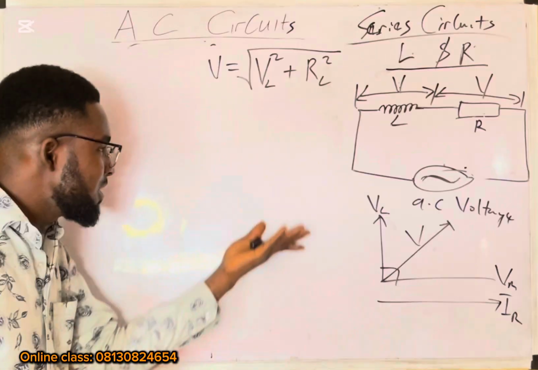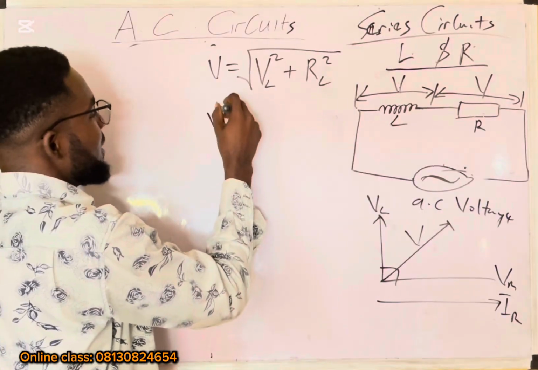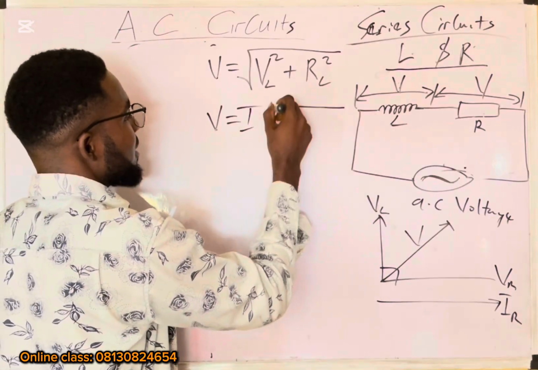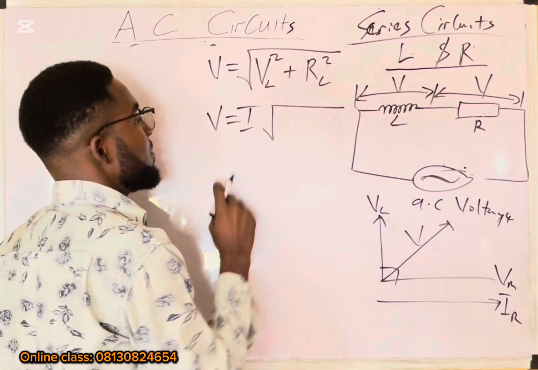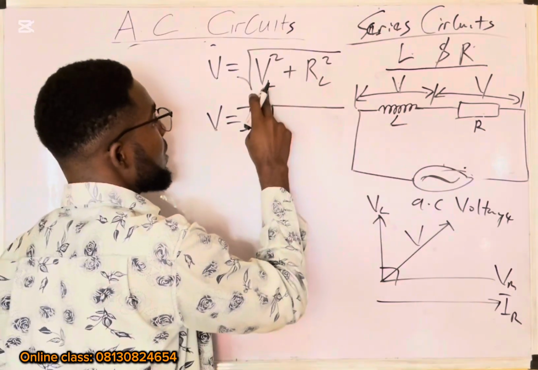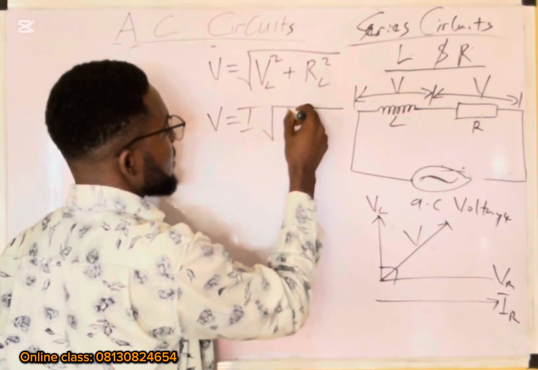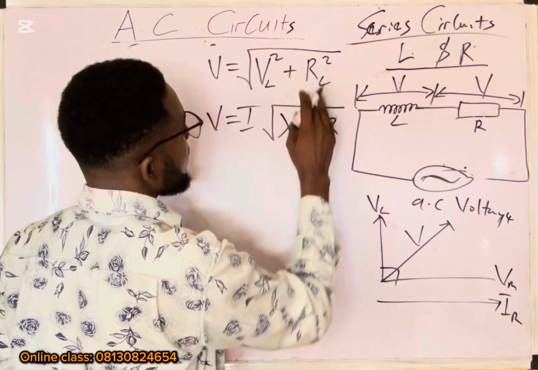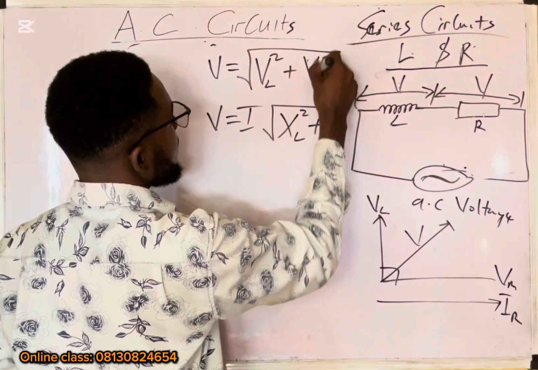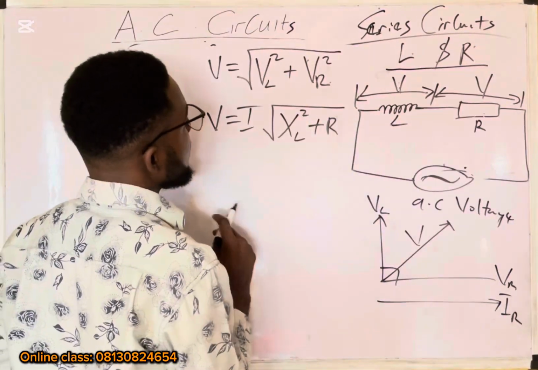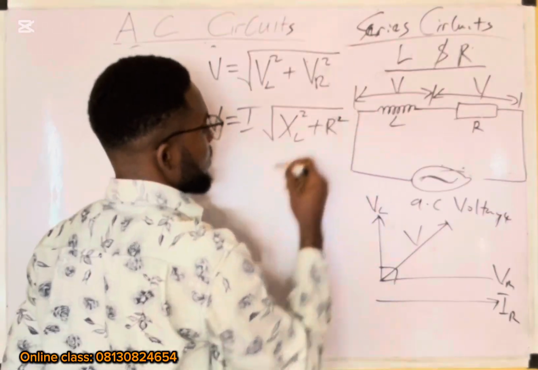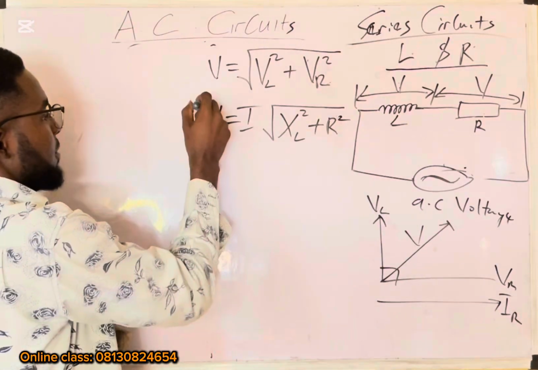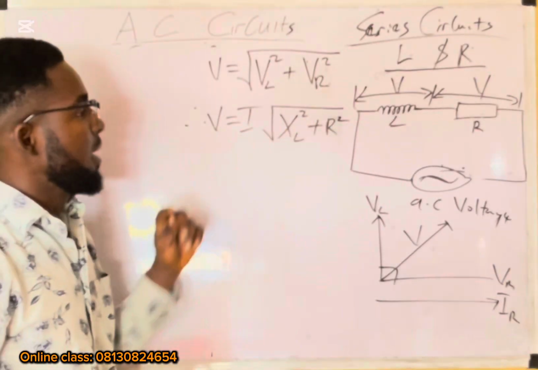If we do this, using Ohm's law, we have V equals I times the square root of X subscript L squared plus R squared. So we have the voltage right here.